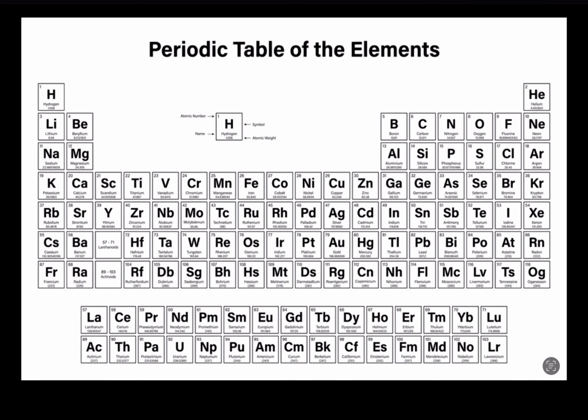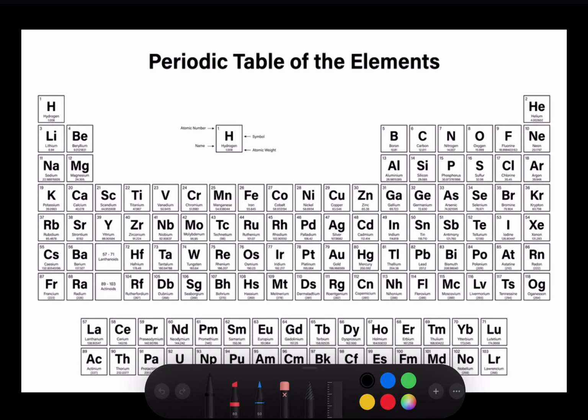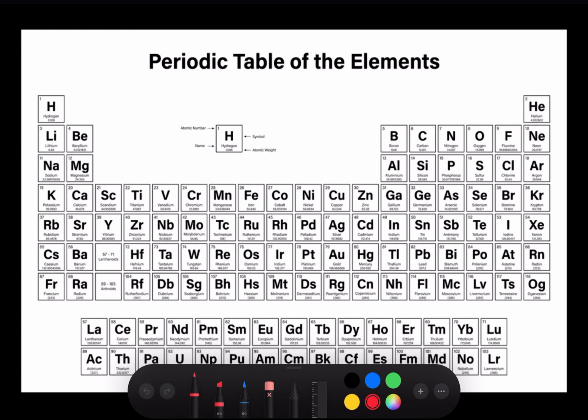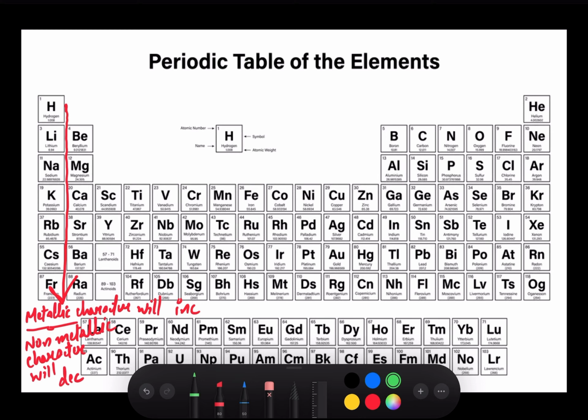Today we have talked about the metallic and the non-metallic character, and I'm here mentioning that first of all, down the group, what will happen, metallic character will increase, and on the other hand, non-metallic character will decrease.